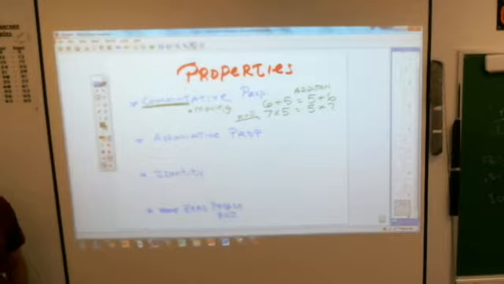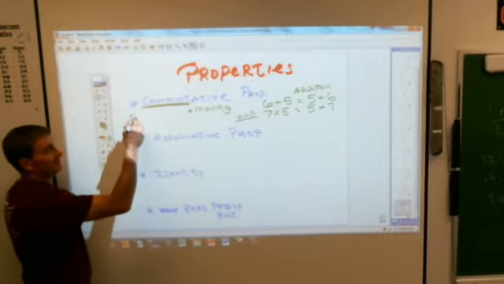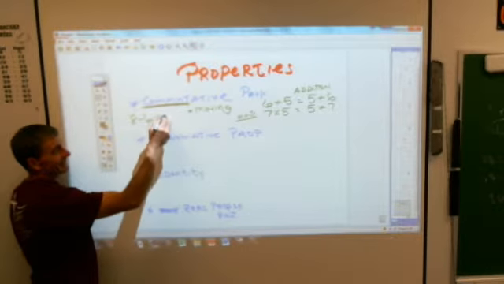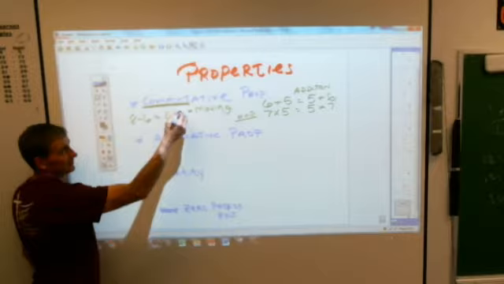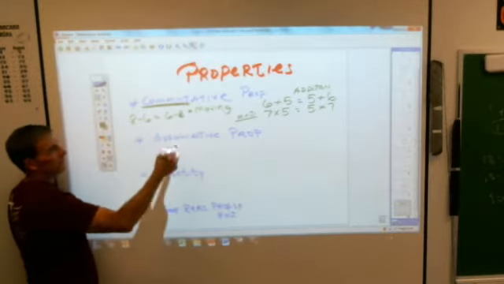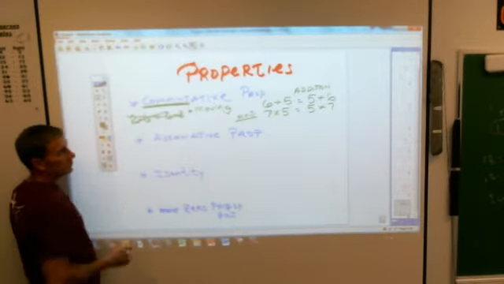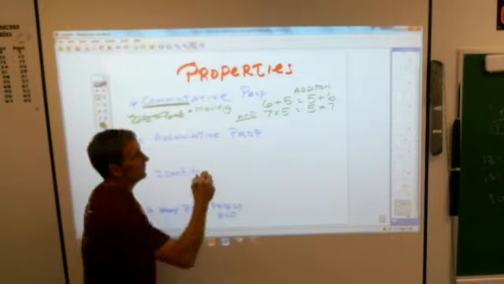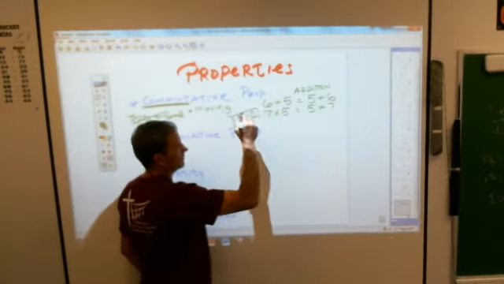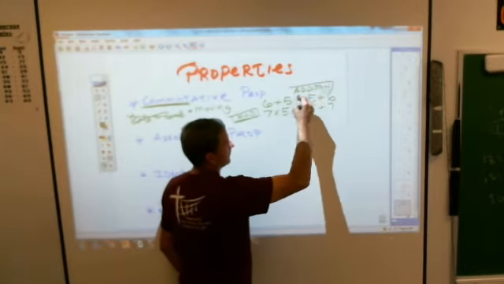Please understand that there is no commutative property of subtraction because 8 minus 6 does not equal 6 minus 8. You can't do that. This is a positive 2, that's a negative 2. The commutative property only works with addition and multiplication.